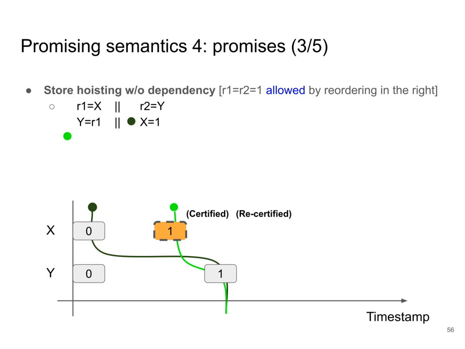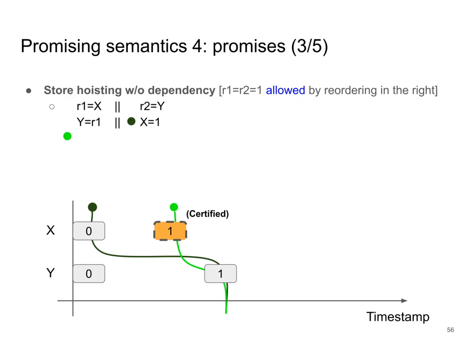But beforehand, it needs to make sure that the action here, reading the value 1 from y, can be certified again, because I said that in any case, you need to be able to fulfill the promise. So when you execute thread 2, which has an ongoing promise, for each step, you need to recertify the fact that you're going to be able to fulfill the promise.